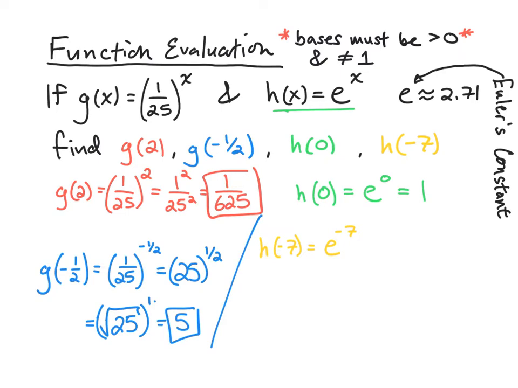So just like I did in the last slide, we will push that into the opposite side of the fraction, which will look like this, 1 over e to the 7th. And that's it. This is what we would call an exact answer. And it saves you from having to think about what e to the 7th power is or possibly miscalculating it in your calculator. So anytime you're dealing with e, you just want to leave it as the base e with whatever power it is.